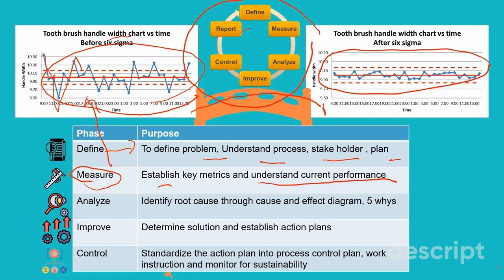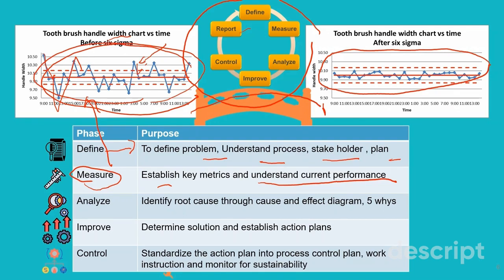In analyze, we will need to understand the factors or root causes that cause the width of the toothbrush handle to behave in this way. Normally, we will use a cause and effect diagram or 5 whys.